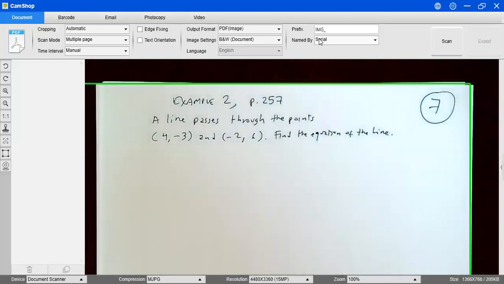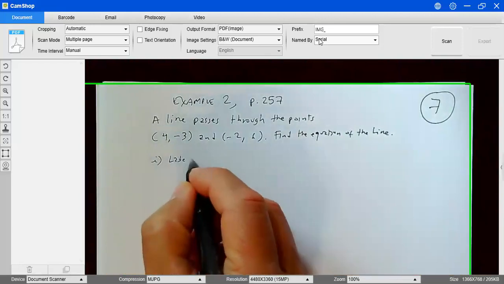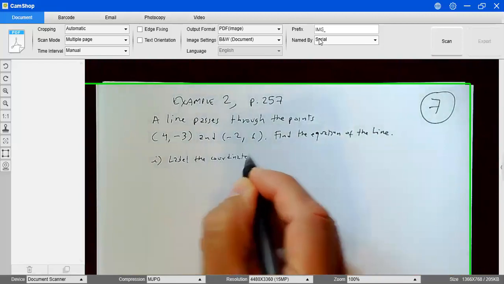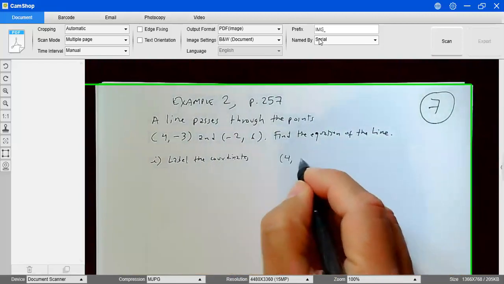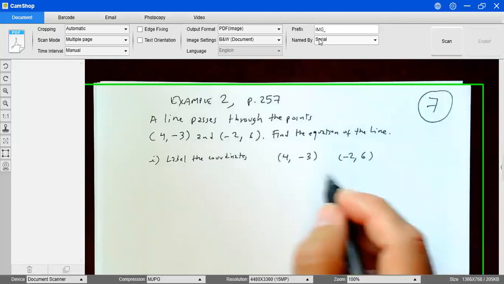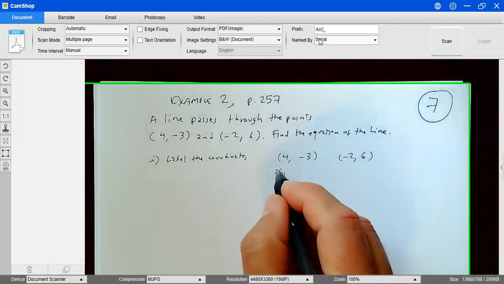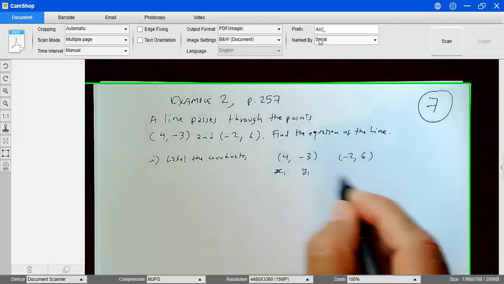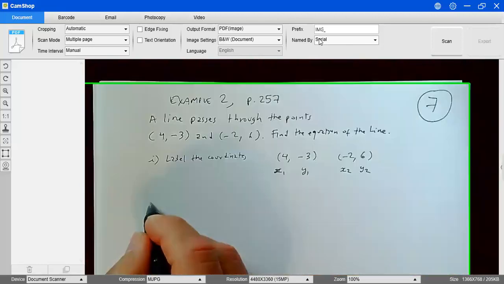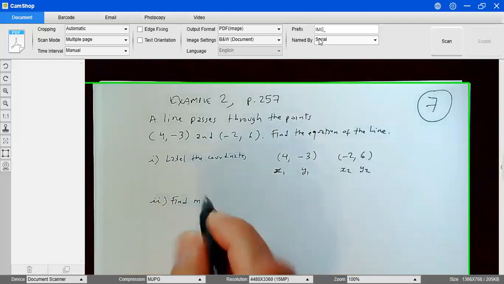So we're going to start by labeling the coordinates. We have 4, -3, and -2,6. So this is going to be x1, y1, x2, y2. Then we need to find the slope.